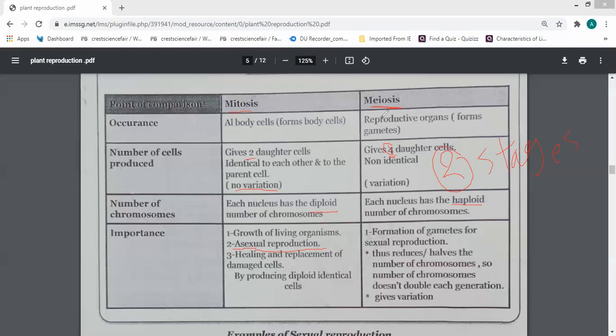But the importance of meiosis is just for the formation of gametes to have half the number of chromosomes. So meiosis gives diversity or variations, which means the new cells are different, not identical to the original or parent cell.